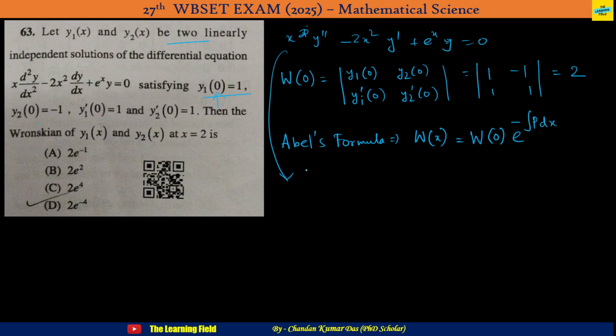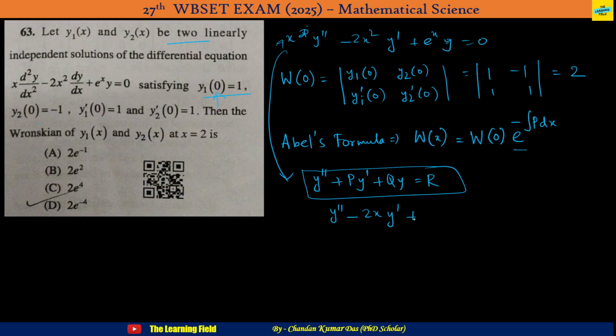P comes from this equation, taken from the standard differential equation y double dash plus p y dash plus q y is equal to r. If we compare, we can write this equation in this form by dividing by x on both sides: y double dash minus 2x y dash plus e to the power x by x into y equal to 0. Now what is the value of p here? P is equal to minus 2x. So now put here minus 2x.